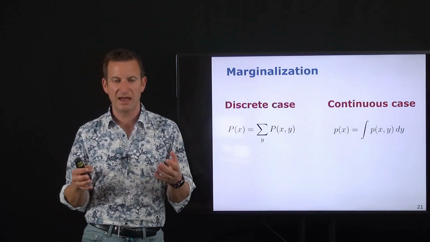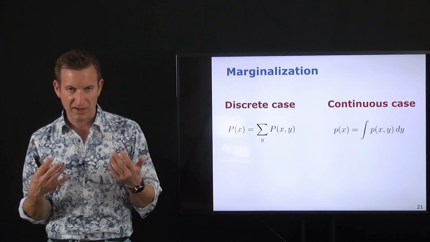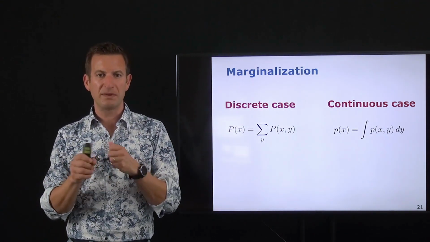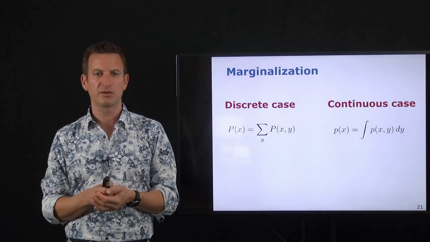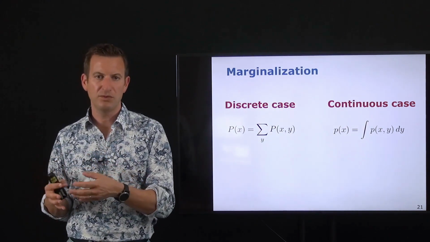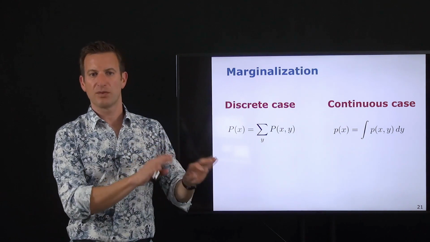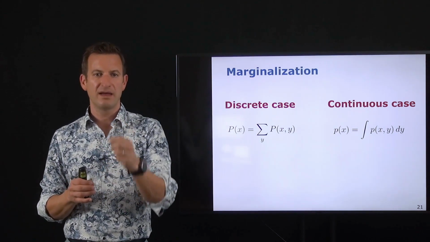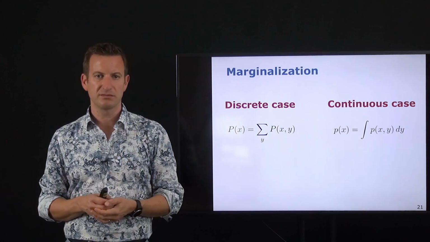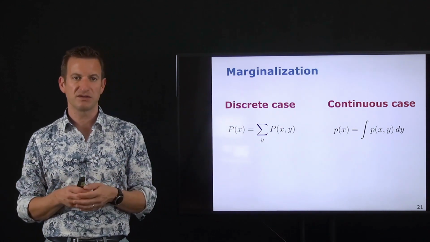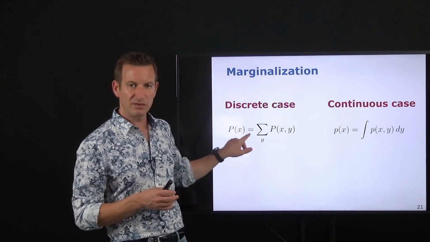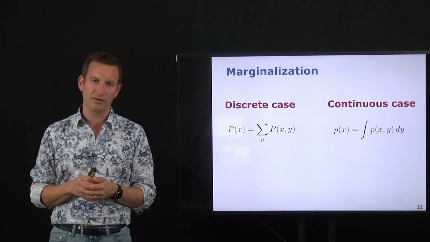So if I have two variables, x and y, and I only know the joint, so for all combinations of x and y I know the probability, then I can compute the probability of only x without y by iterating over all values of y and summing up the probabilities of the joint. That's what marginalization tells me. So if I have the joint, I can marginalize out the variable y so that in the remaining distribution, y is not there anymore.